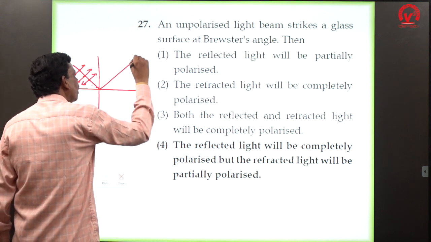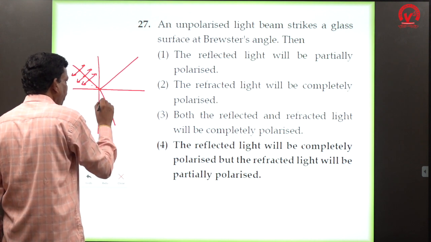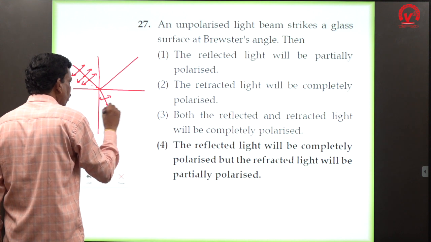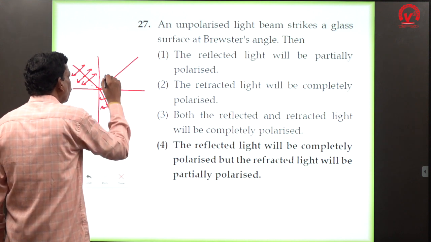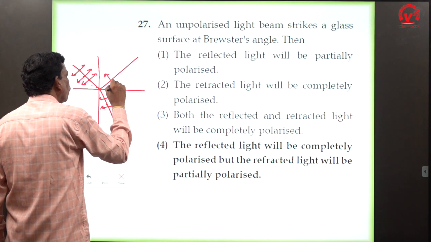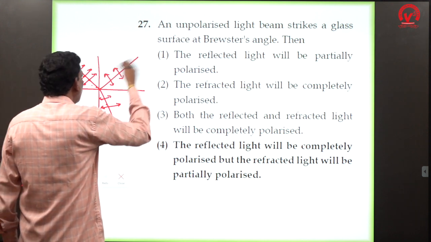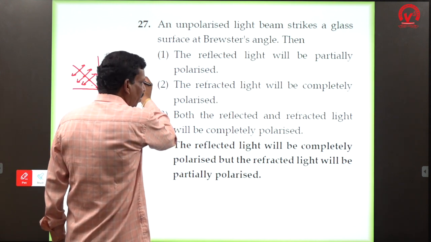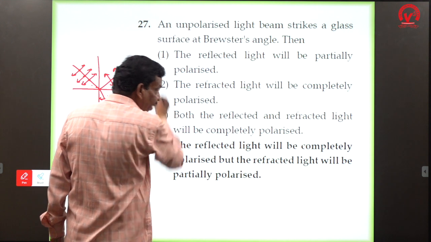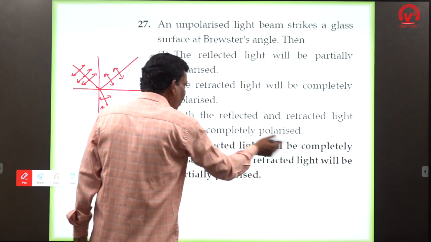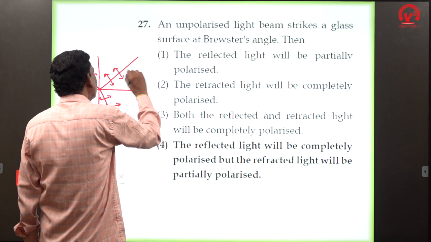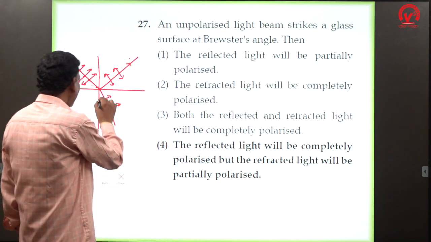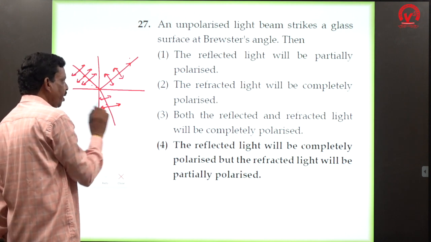Here reflection takes place, here refraction takes place. In reflection, the reflected light will be completely polarized, and in refraction, partially polarized.